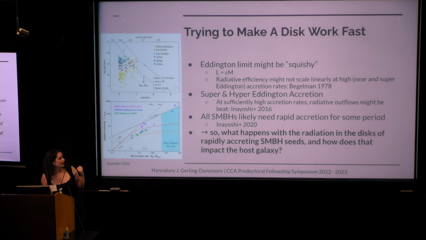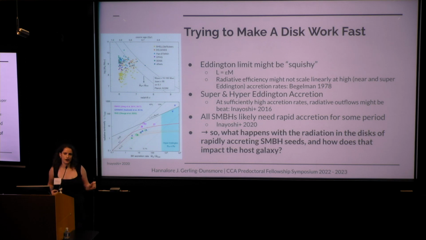It should say L equals epsilon times m dot, which is your mass accretion rate, times the speed of light squared. The epsilon parameterizes your radiative efficiency, and it turns out that that might not scale linearly. You might actually get a turnover in that radiative efficiency, as shown in Inayoshi et al. 2020.